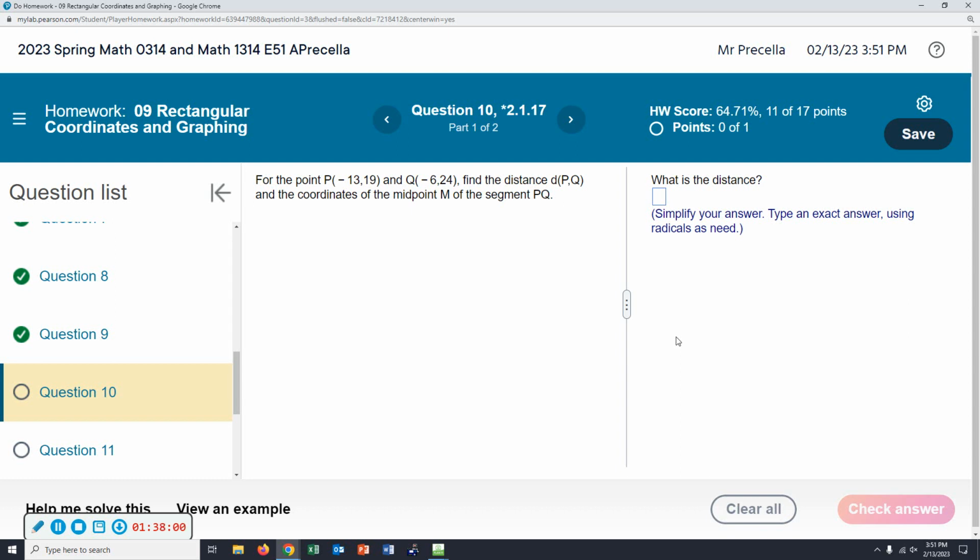So we have the ordered pair. Ooh, is that a negative 18, comma 19, and a negative 2, no, negative 6, and 24. Same instructions, find the distance, find the midpoint.